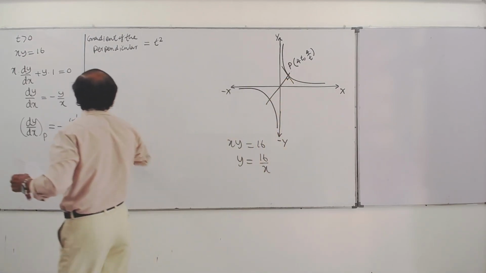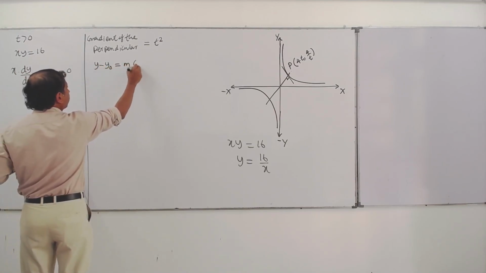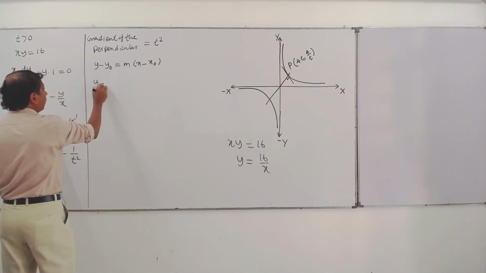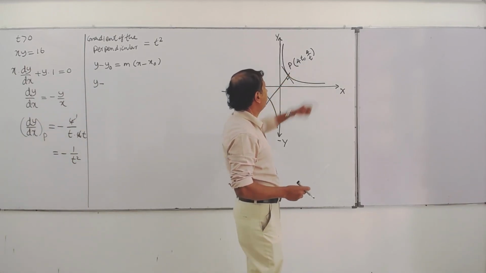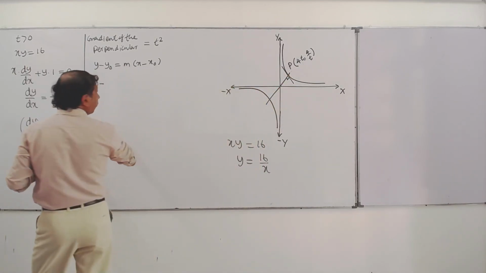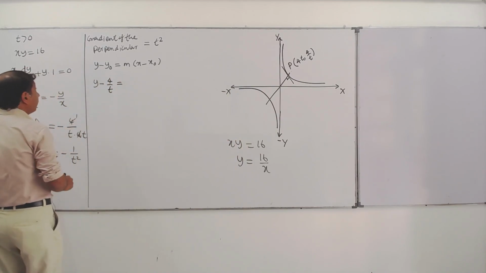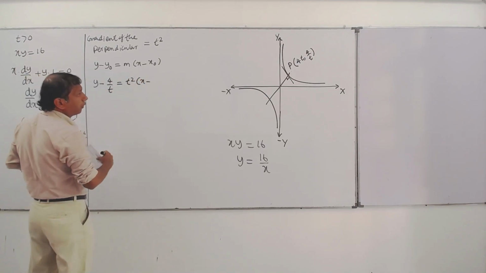Now you can write its equation by using y minus y naught equals m times x minus x naught. y naught is the y coordinate of the point P, 4 over t. Now the gradient we found, t squared, and x naught is 4t.